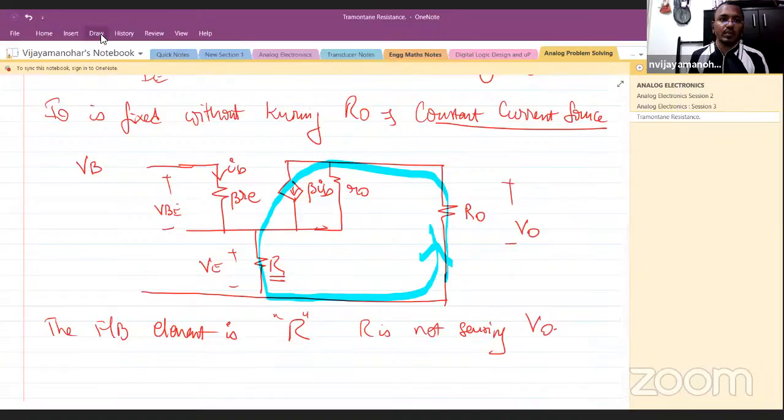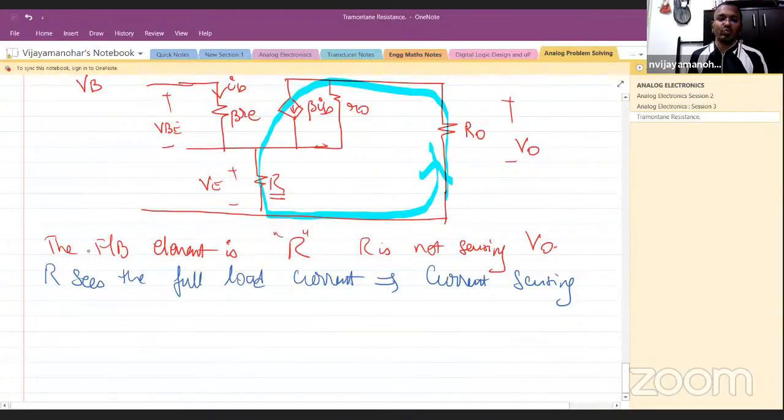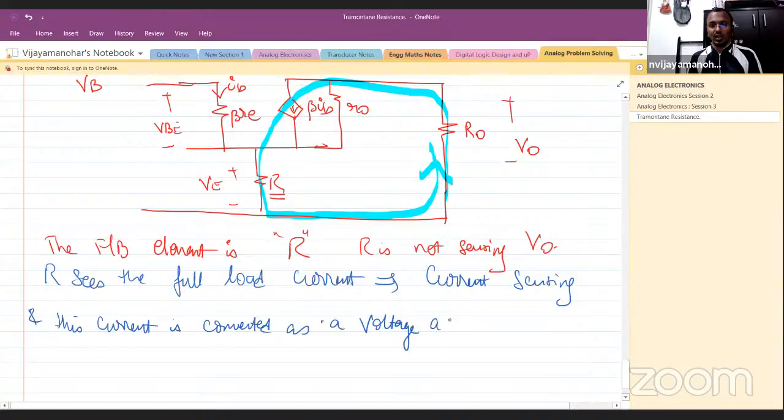So R sees the full load current, which means it is current sensing. Correct? And this current is converted into a voltage across R, and it becomes VE. And what is the amplifier?